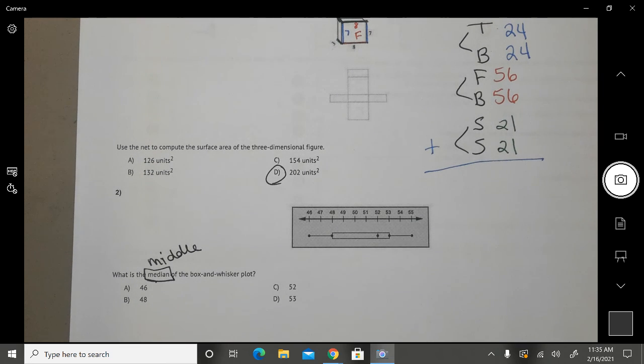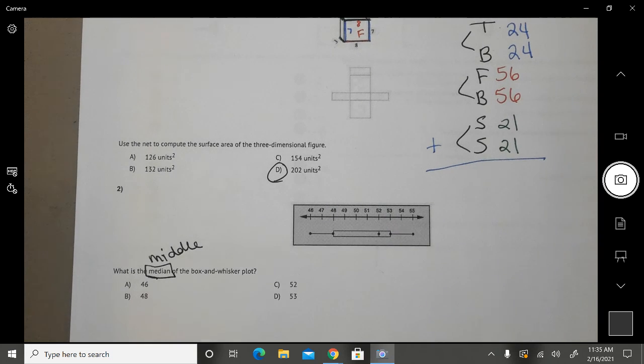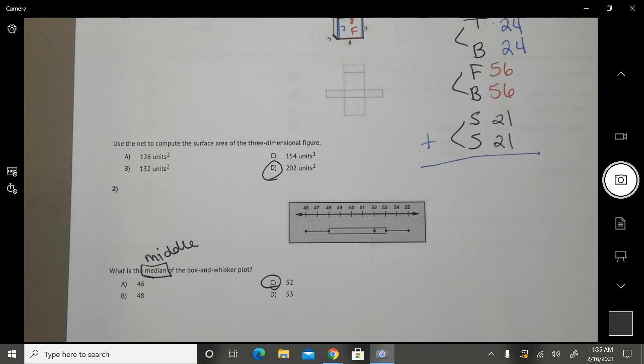Median, if you look on our word wall, means middle. So the nose is the middle, so this dot is going to be the middle of the data. So what's this nose represent? 52. So what's the median of this data going to be? It's easy to find, that's for sure. You just have to find the nose.